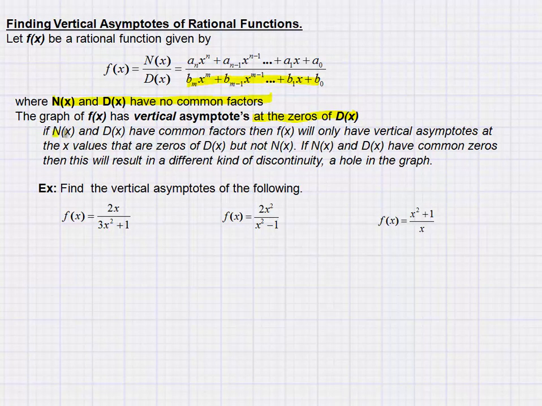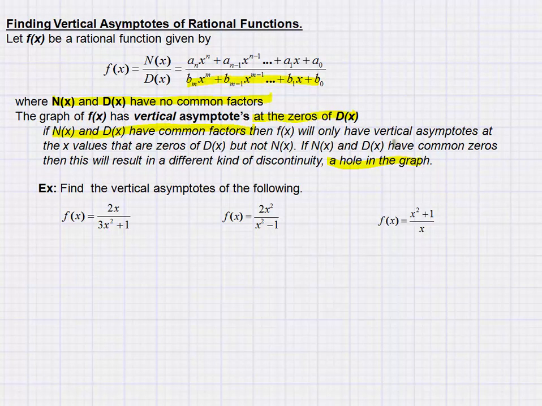Here's the thing. If n of x and d of x do have common factors, then where the denominator is 0 may not only be vertical asymptotes. That denominator may contain vertical asymptotes as well as something that we consider to be a hole in the graph. Okay? So that has to do with when there are common factors.